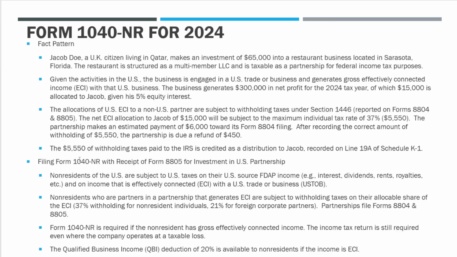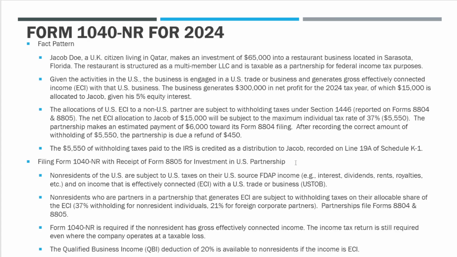Now, the $5,550 of withholding tax that was paid to the IRS, Jacob gets credit for that on his 8805, and it's also recorded as a distribution to Jacob on line 19A of his K-1.